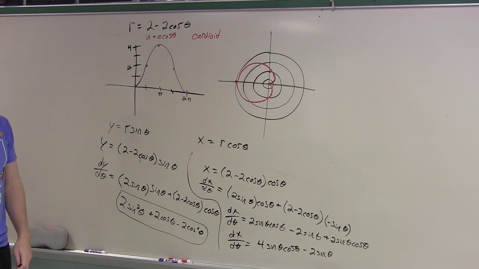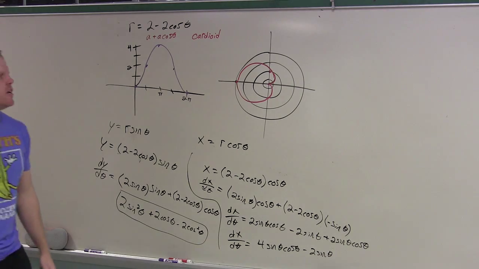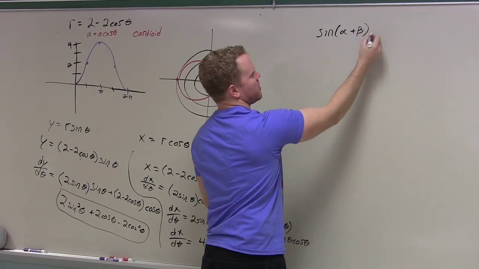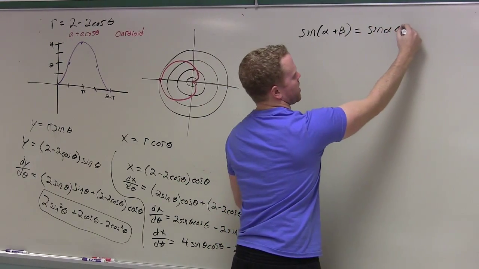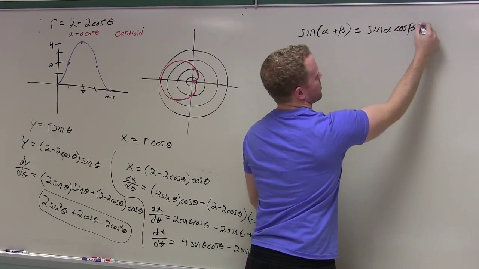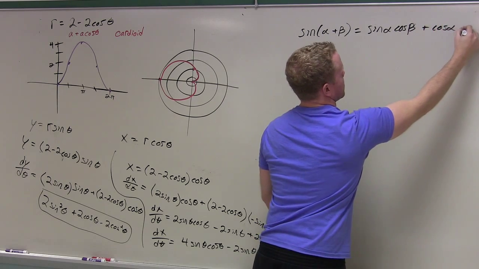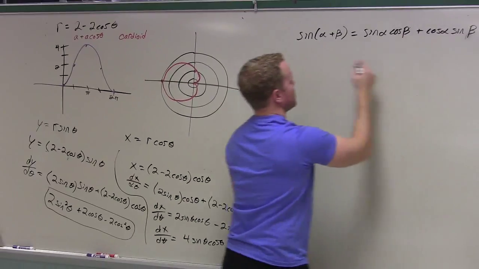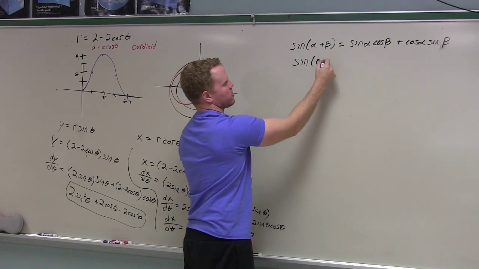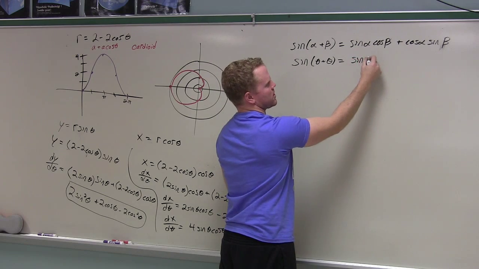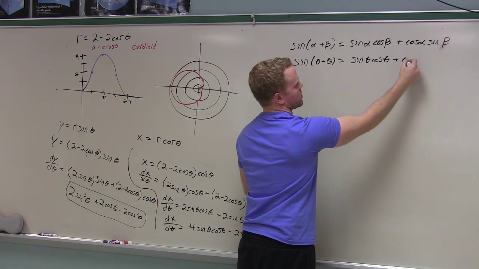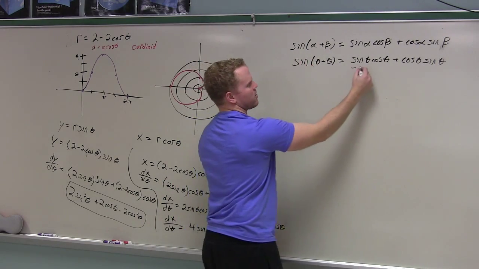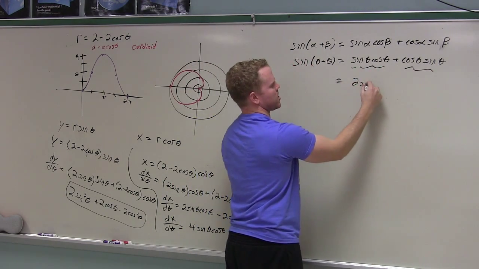But I say we can make these things look a little prettier. If we go back to our sine of alpha plus beta, aka sine cosine plus cosine sine, and think of these two angles as being the same, you get sine theta cosine theta plus cosine theta sine theta, aka 2 sine theta cosine theta.